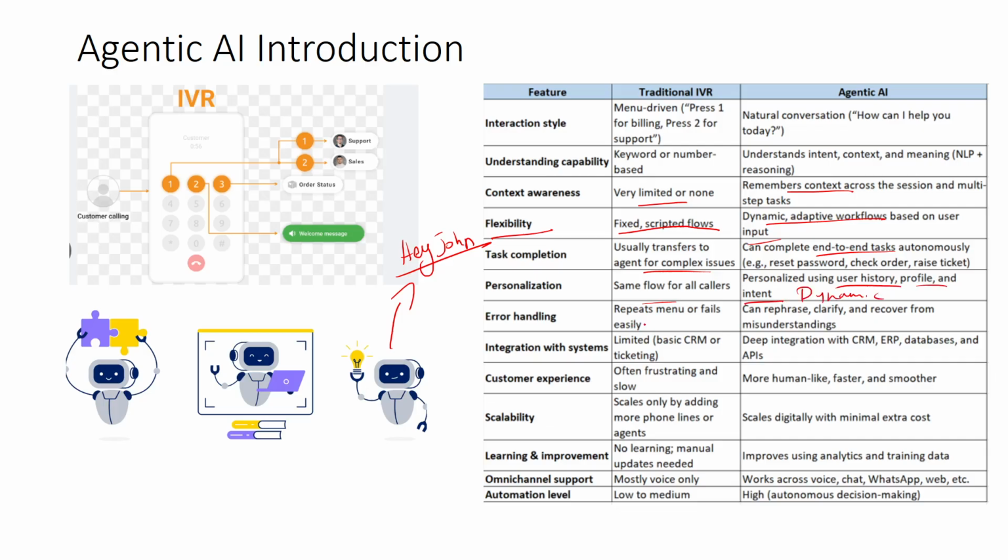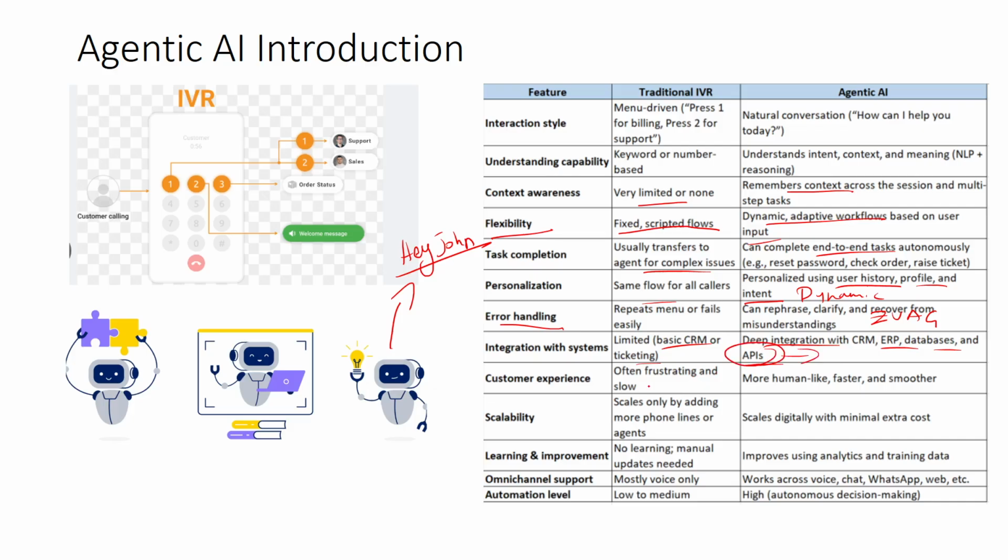IVR repeats the menu or fails for error handling, but error handling is exceptional in ZVA. There are things like guardrails and all that we would be using. Integration with systems is limited to basic CRM or ticketing, but here there is deep integration with CRM, ERP, databases and APIs. This is the one that stands out.